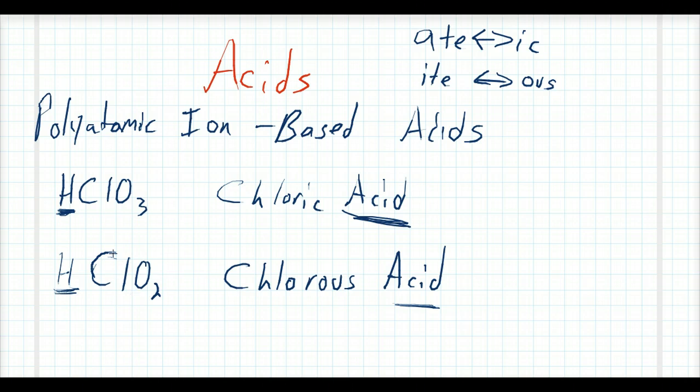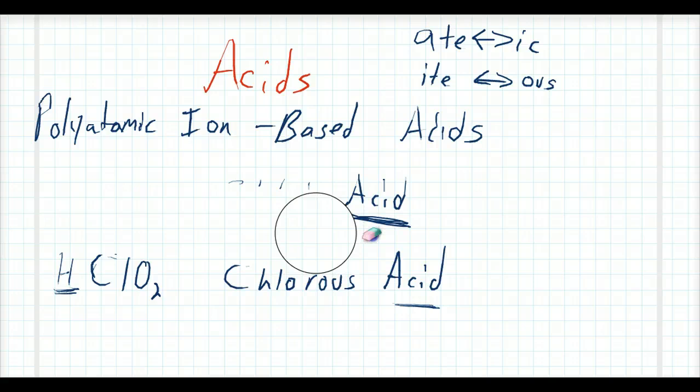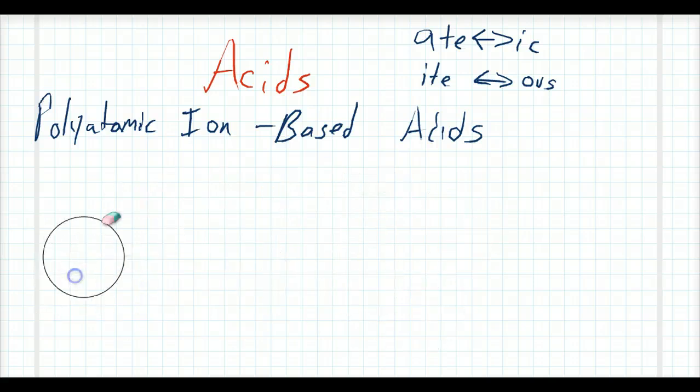Because this was an ite, it went to an ous. Now I put double-headed arrows on this because sometimes it's up to us to go backwards as well, and sometimes that's relatively difficult. You know, we really have to think a little bit.